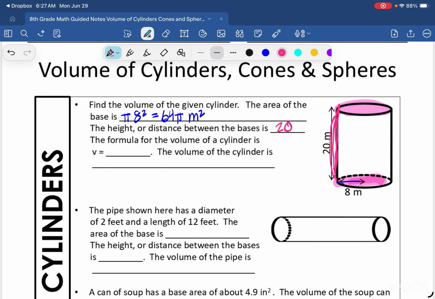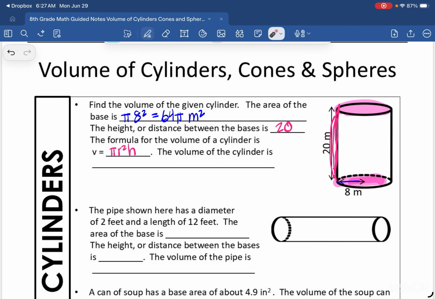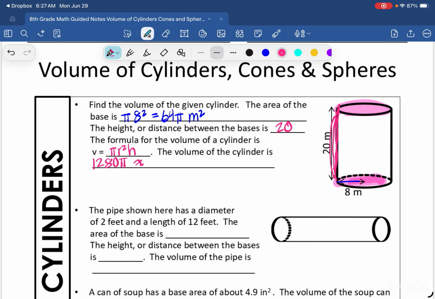The formula for the volume of a cylinder is V equals pi r squared h. I'm going to multiply my area of my base, which is 64 pi, times 20. That gives me 1,280 pi, which is 4,021.2 meters cubed. That's the volume of this cylinder.